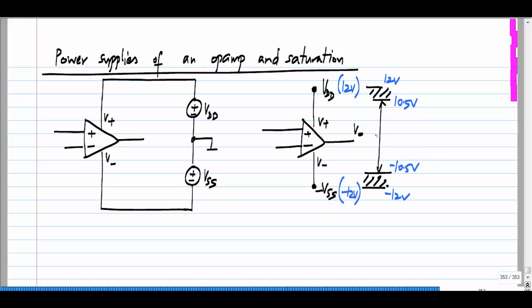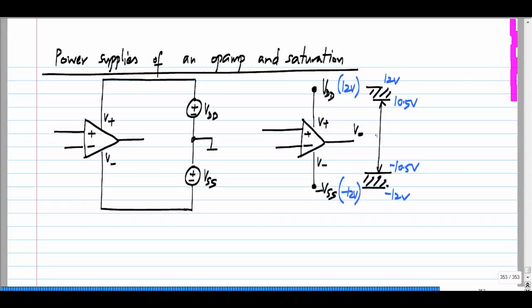For the op-amp to behave like a voltage controlled voltage source, some limits have to be placed on the output voltage V naught, and that limit is set by the supply voltages which are connected to the op-amp. In reality, the limits on V naught will be a little less than the difference between the power supplies. That is, it cannot go all the way up to VDD, nor can it go all the way down to VSS.